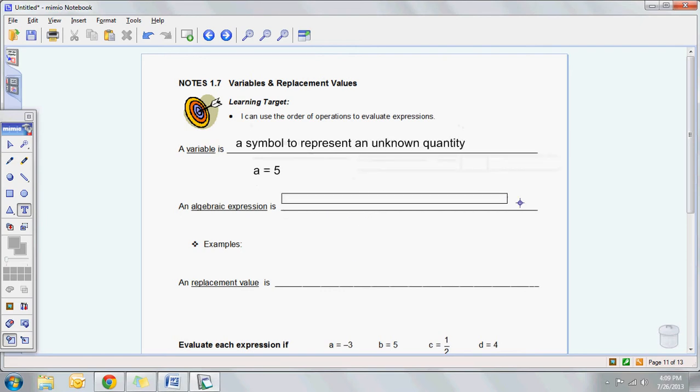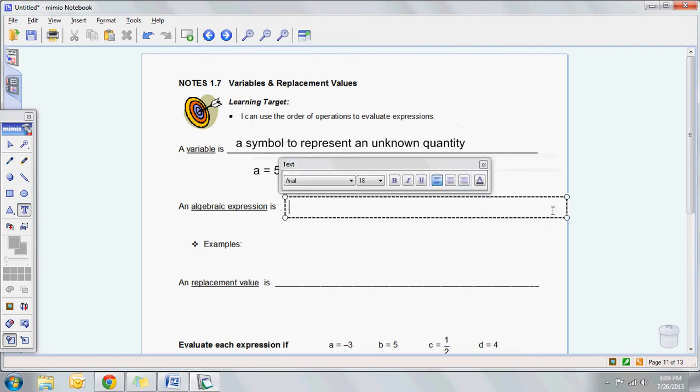An algebraic expression is different from an algebraic equation because it doesn't have an equal sign. It's a combination of variables and numbers with operations.